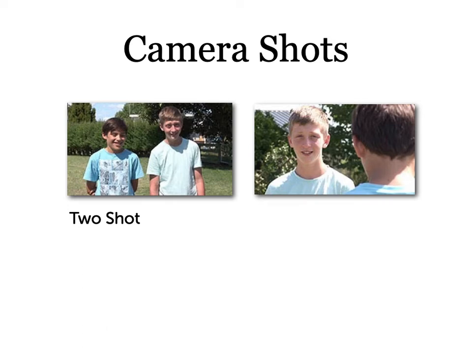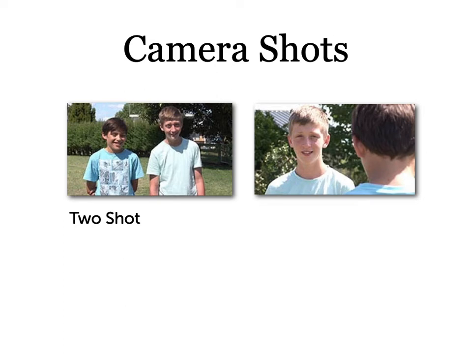But this two-shot is good for having people side by side. Maybe 2 people are looking at something on the horizon. You could even get 3 people in one of these shots. You might have to back off just a little bit. But the two-shot is to get 2 people in frame on camera at the same time.